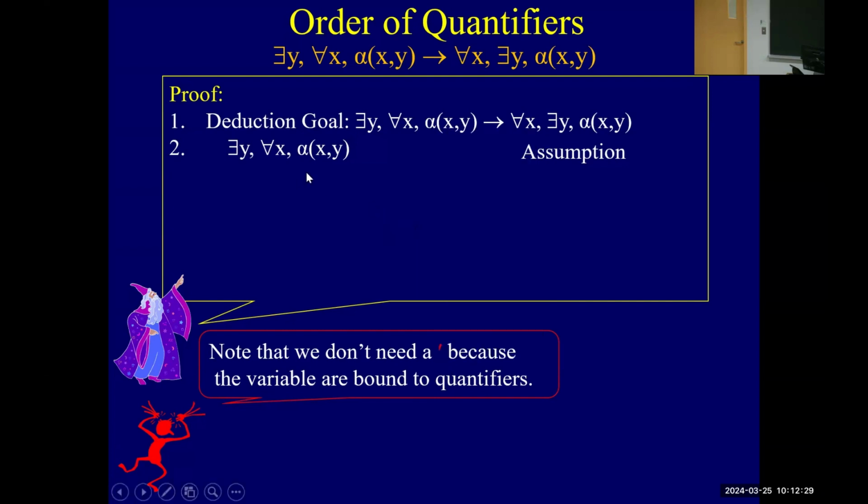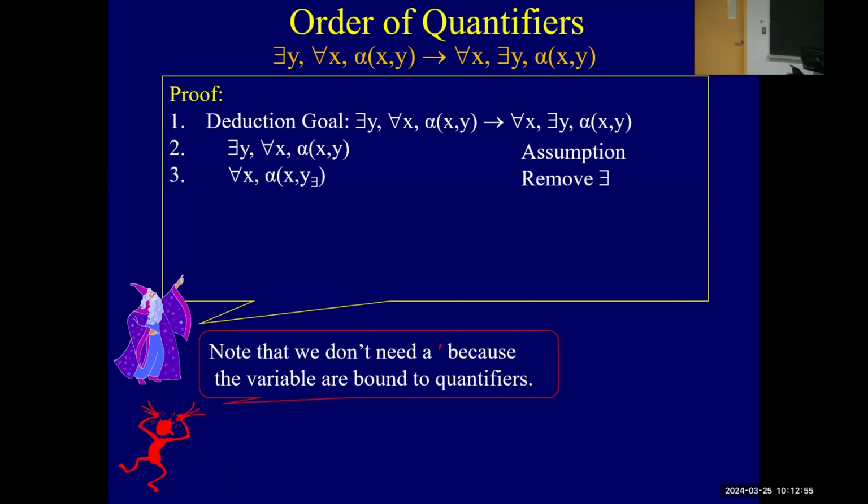Here I'm assuming something, so any free variables need to be marked. But we don't have any free variables, everything is quantified. If anybody doesn't get what I'm saying, holler. So if we had a free variable in the left-hand side we're assuming, we would have to be careful, but it doesn't, all right?